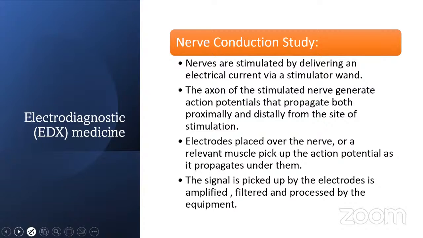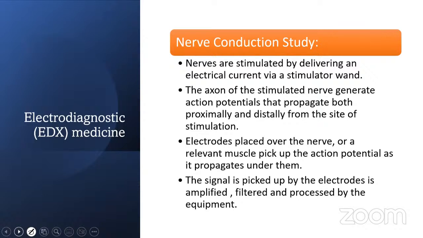The axon of the stimulated nerve generates action potentials that propagate both proximally and distally from the site of stimulation. The electrodes placed over the nerve or a relevant muscle pick up the action potential as it propagates onto them, and the signal is amplified, filtered, and processed by the equipment.